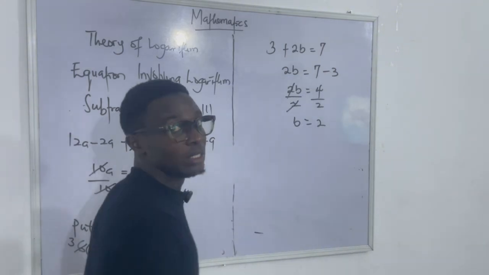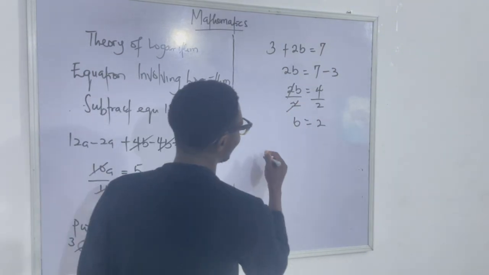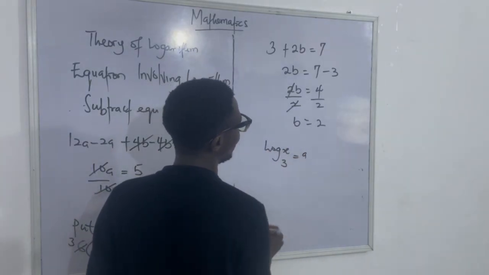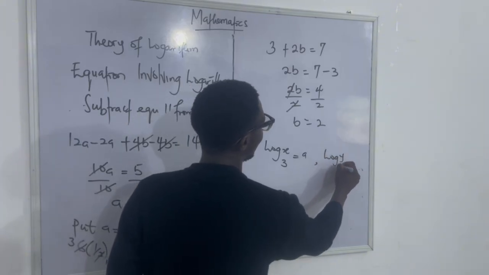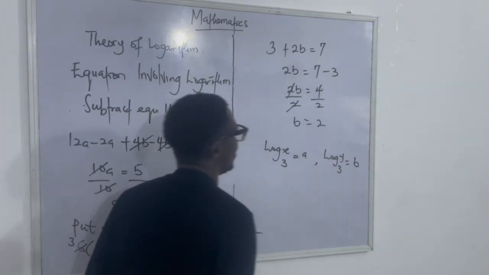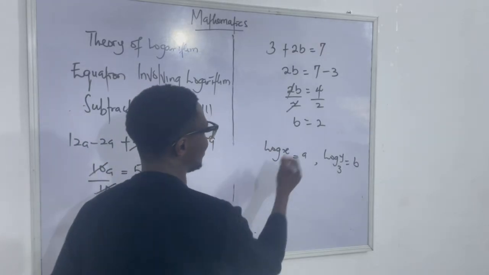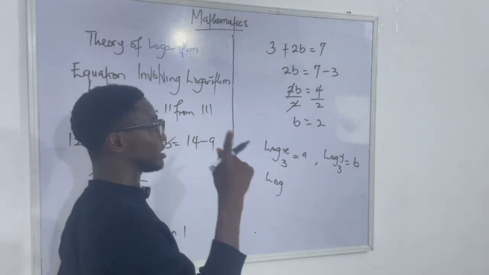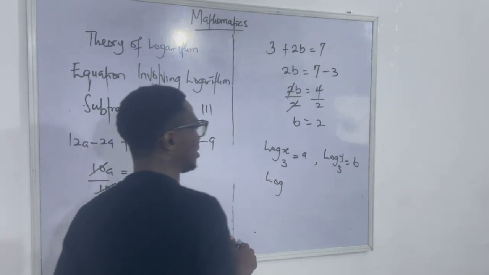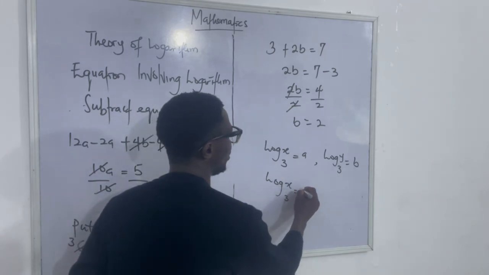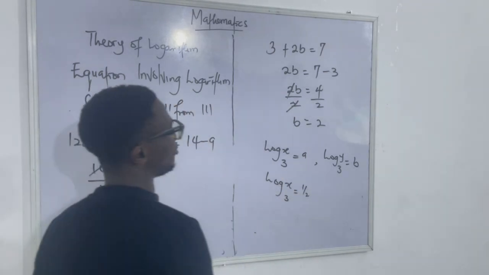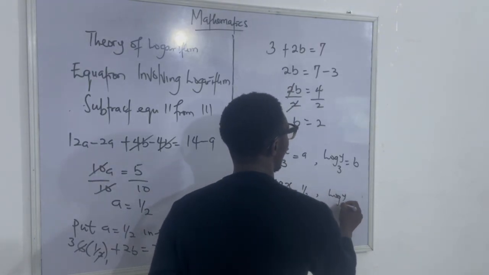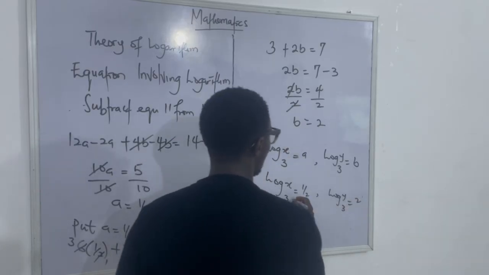Now initially we said log x base 3 should be a, and log y base 3 should be b. So now, for our final answer, we want to get our x and y. Mind you, that was what the question said we should find. So a equals half, and b equals 2.